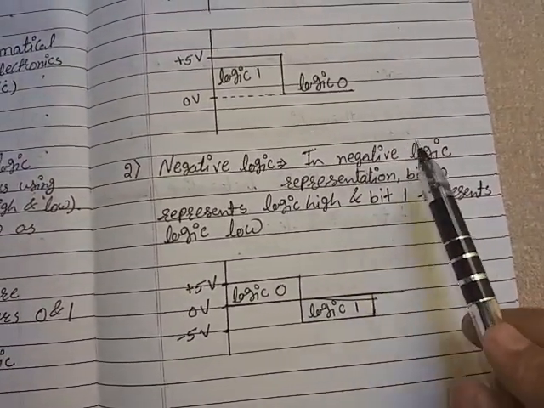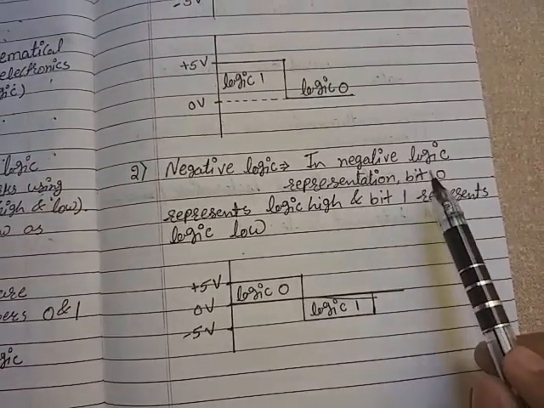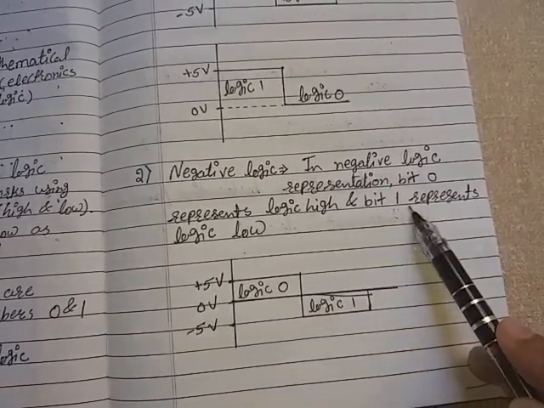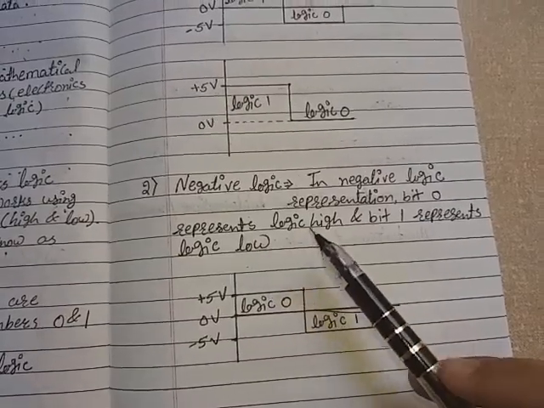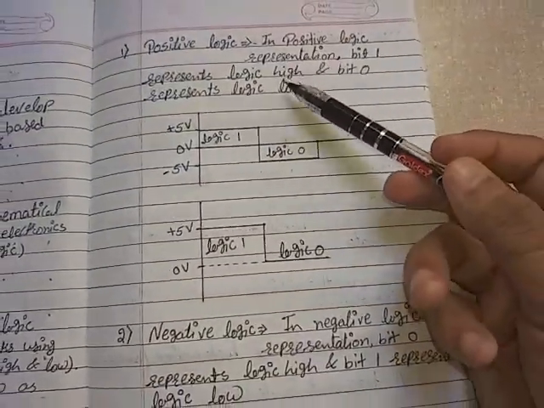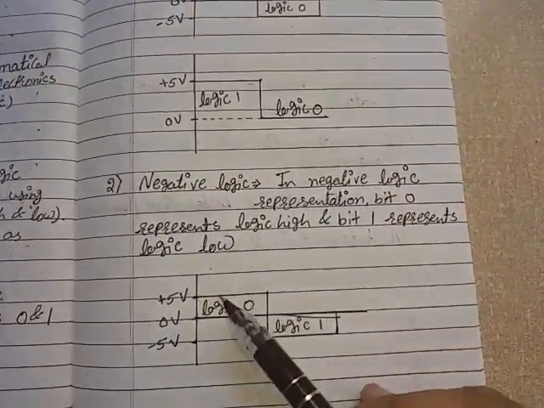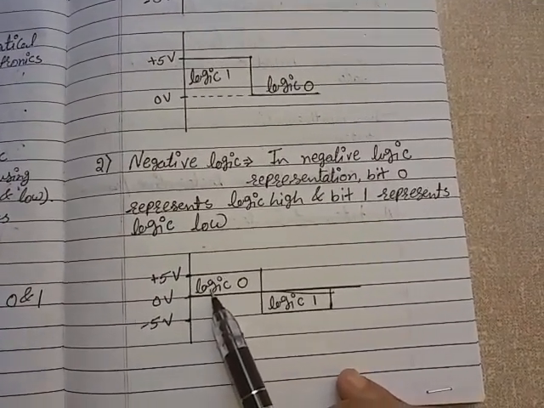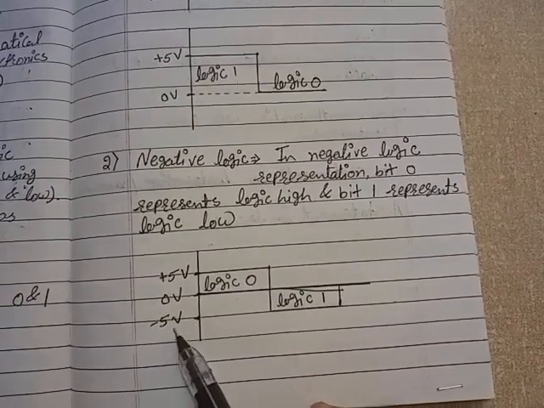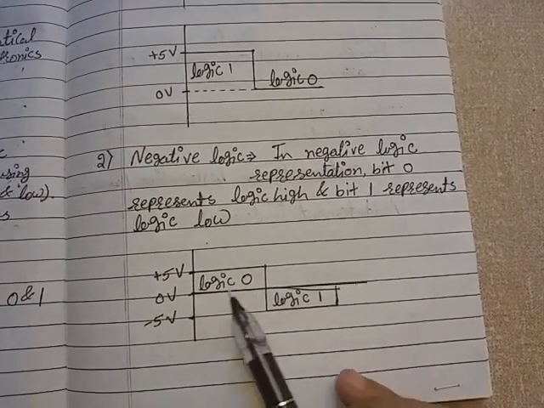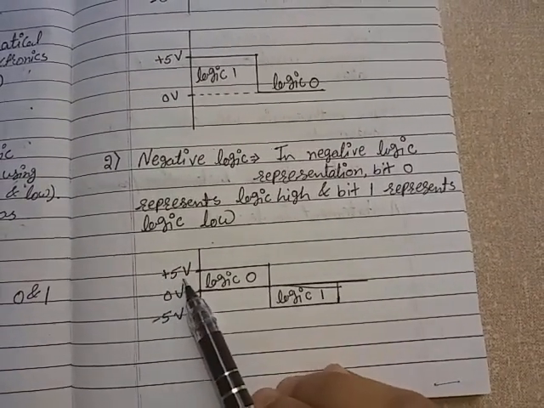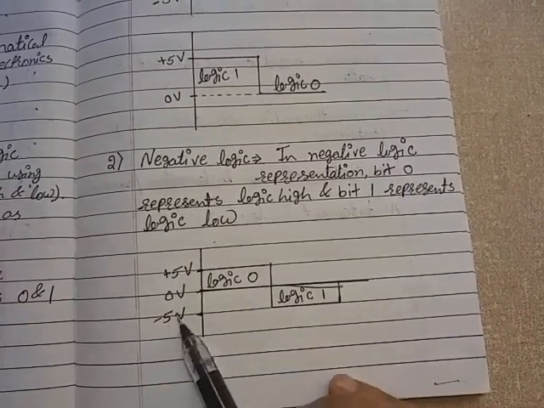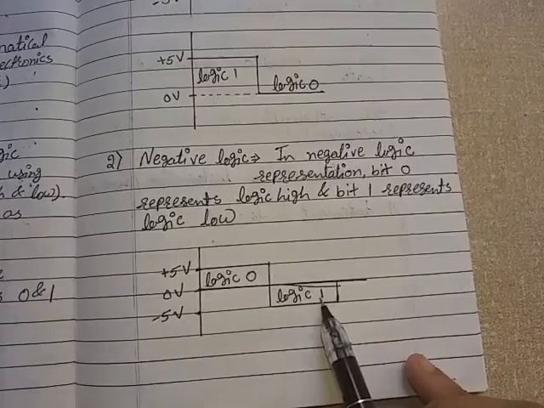In negative logic representation, bit 0 represents logic high and bit 1 represents logic low, just opposite to positive logic. Here higher value is represented by logic 0 and lower value is represented by logic 1. Look at here, plus 5 volt is represented by logic 0 and minus 5 volt is represented by logic 1.